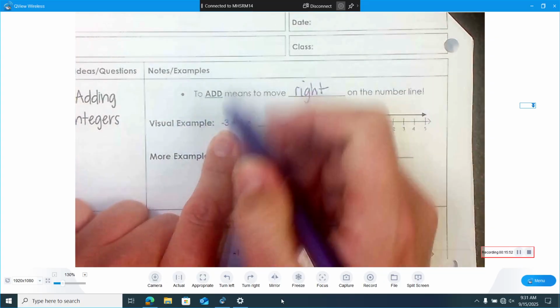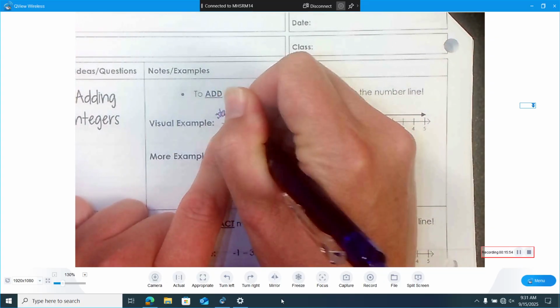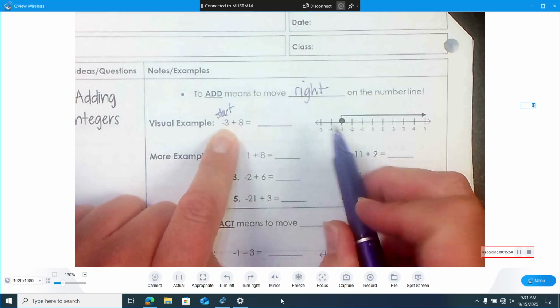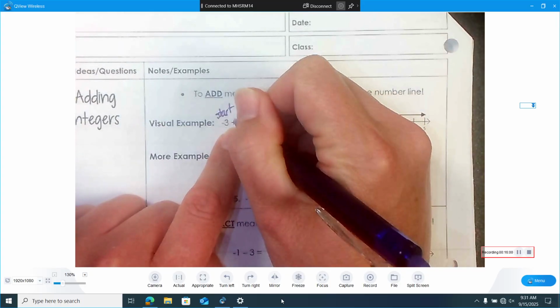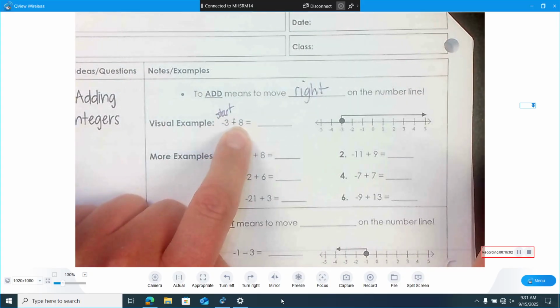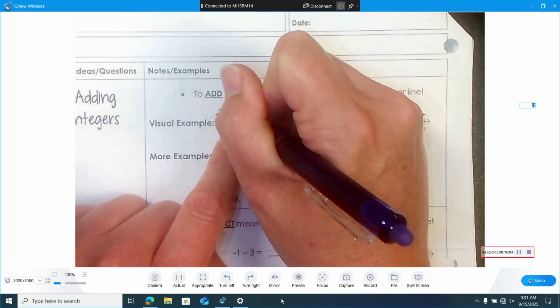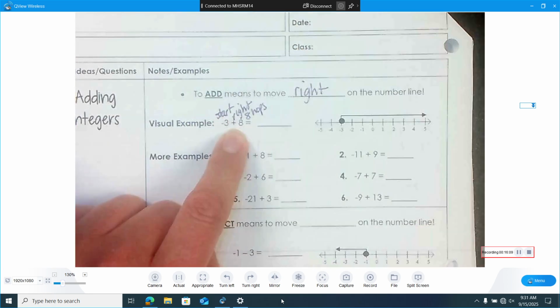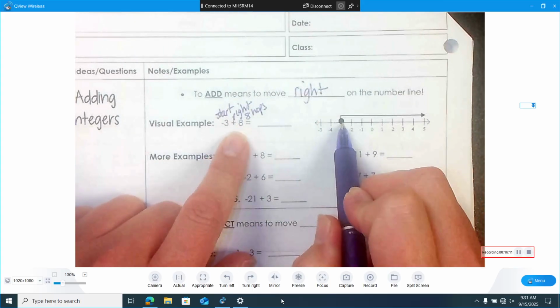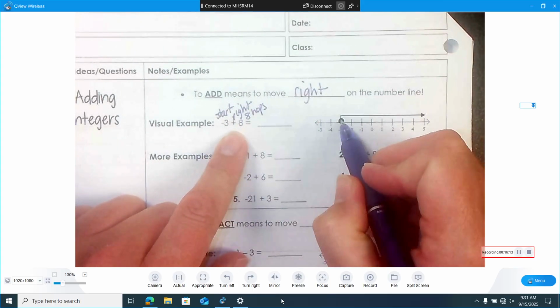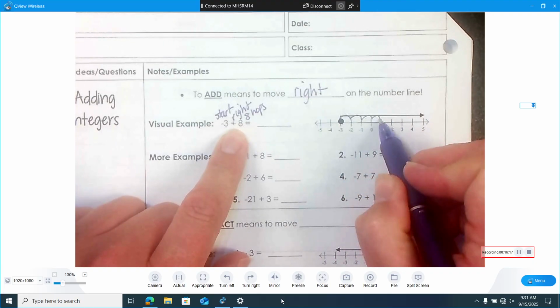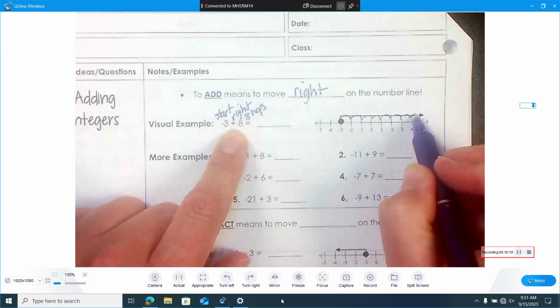So, for example, I'm going to start at -3 on my number line, and then I'm going to move right 8 spaces. Because it's addition, I'm going to move right 8 hops. So if I start here at -3, and then I move to the right because I'm adding, 1, 2, 3, 4, 5, 6, 7, 8.